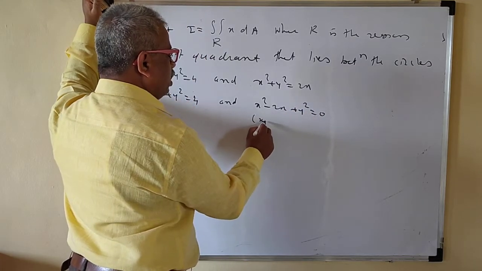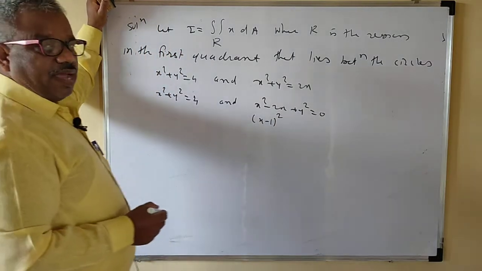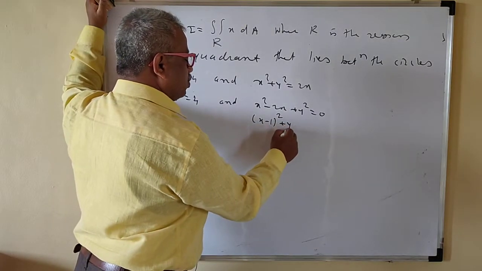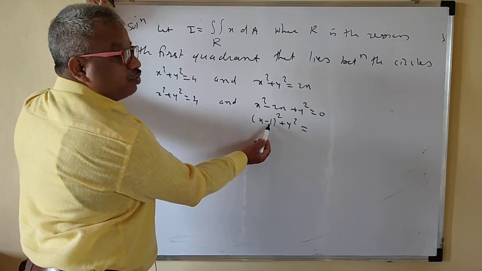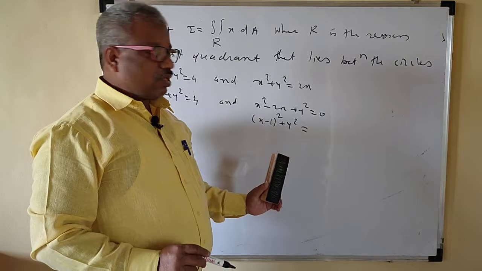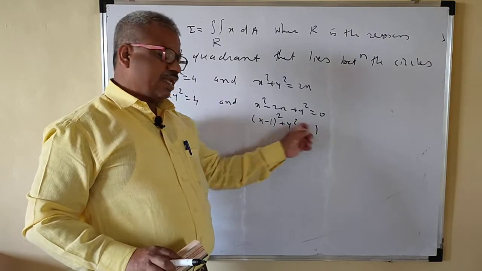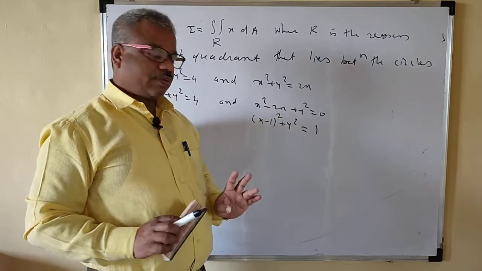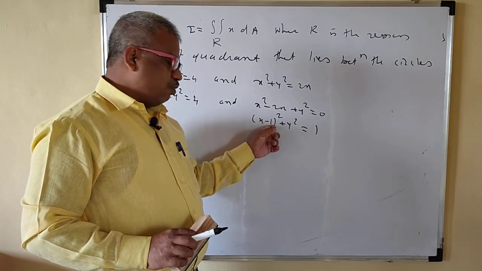I can write this as (x − 1)² − 1 + y². If you expand this, you get x² − 2x + 1, but the plus 1 is not there, so we write plus 1 here and minus 1 there. Simplifying, the 1 cancels. That means this is a circle with center at (1, 0).